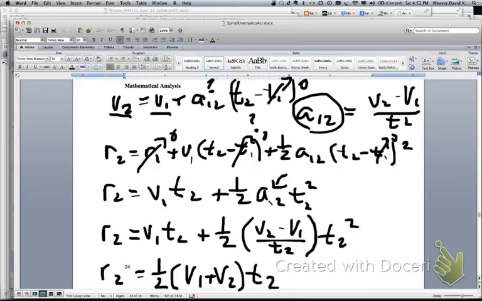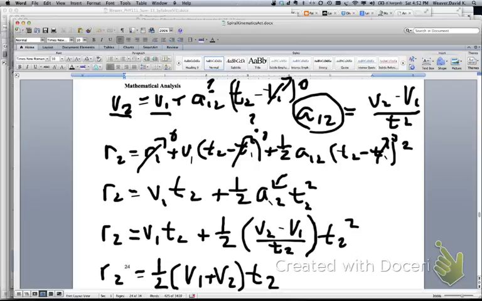Go ahead and check my algebra there. Looks good to me. What you want to do from there is solve this for what you don't know, and you do know what R2 is. That's the value from earlier. We know what V1 and V2 are.